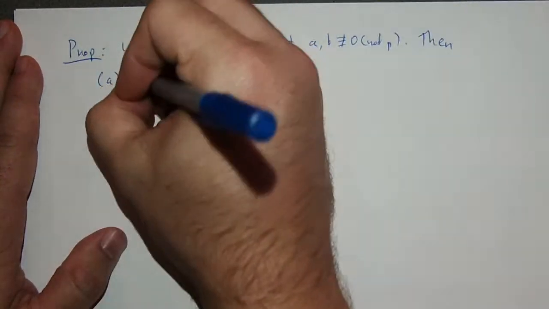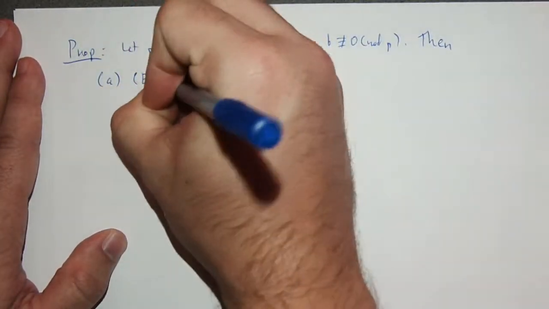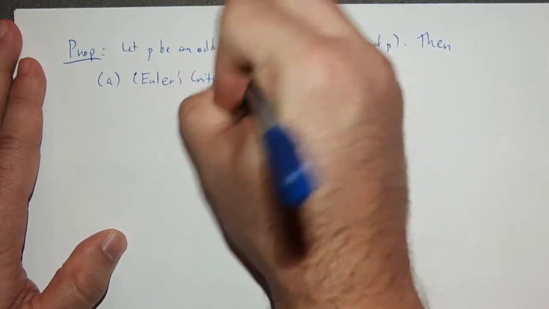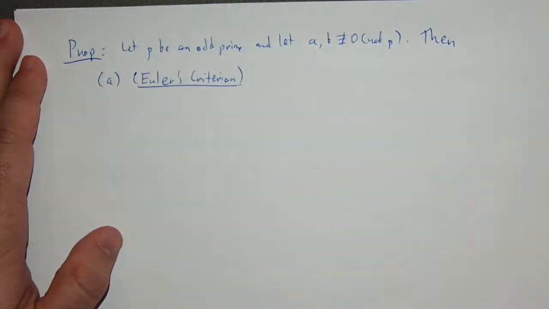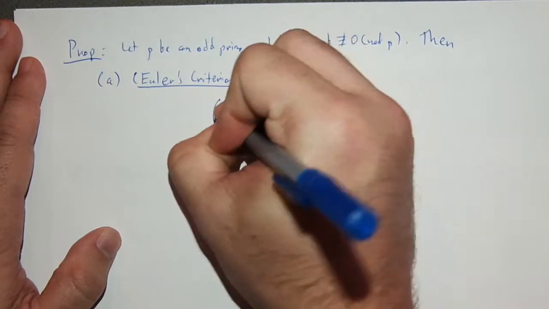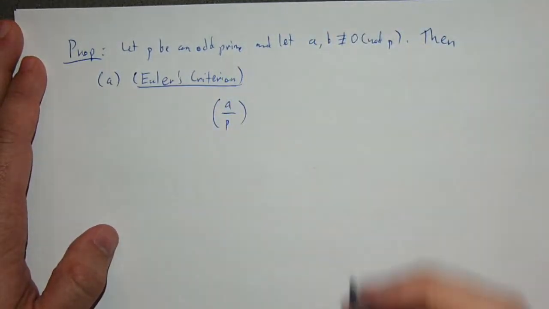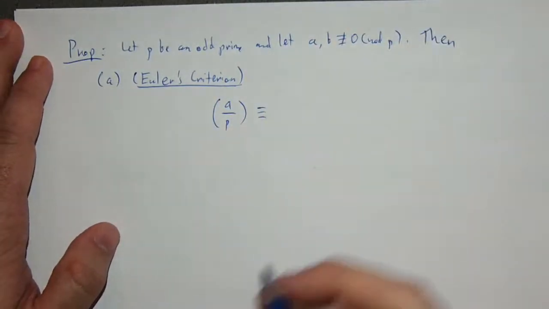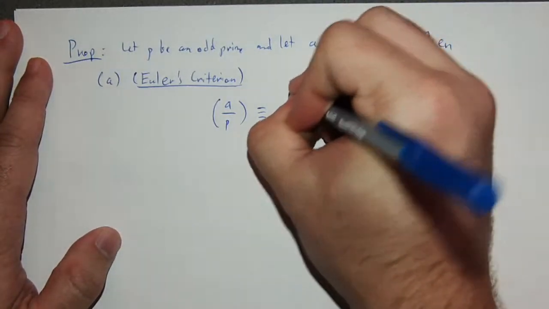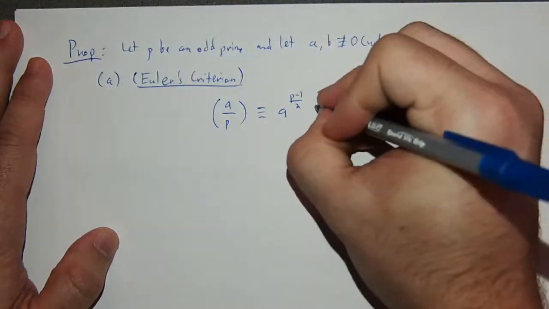So the first part is called Euler's Criterion. a on p is congruent to a to the (p minus 1) over 2 mod p.